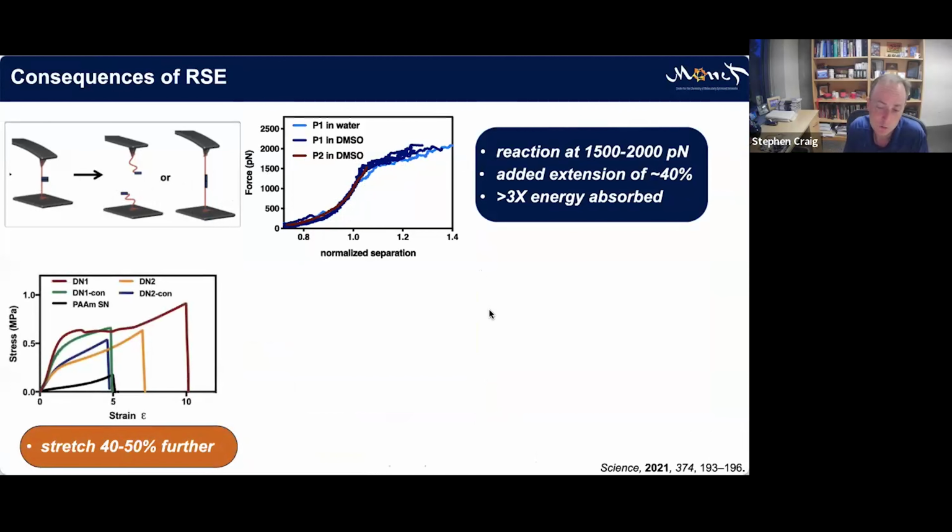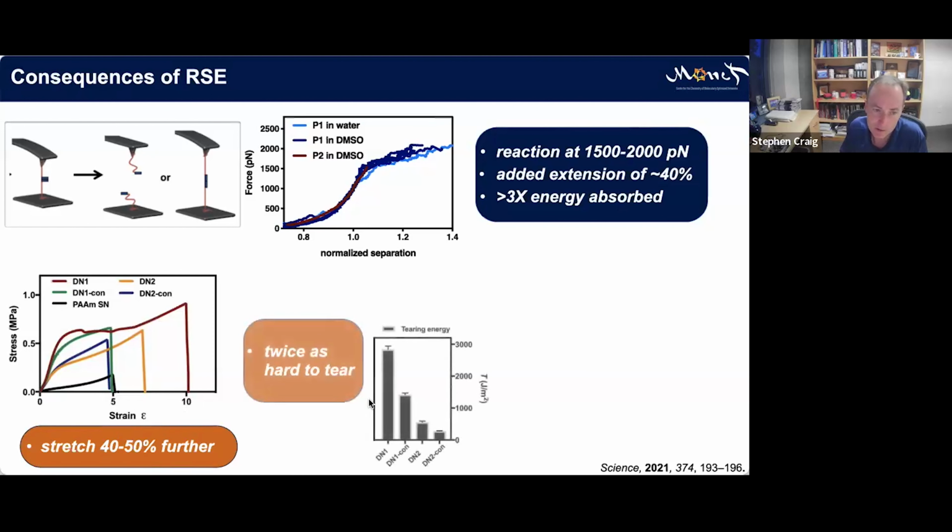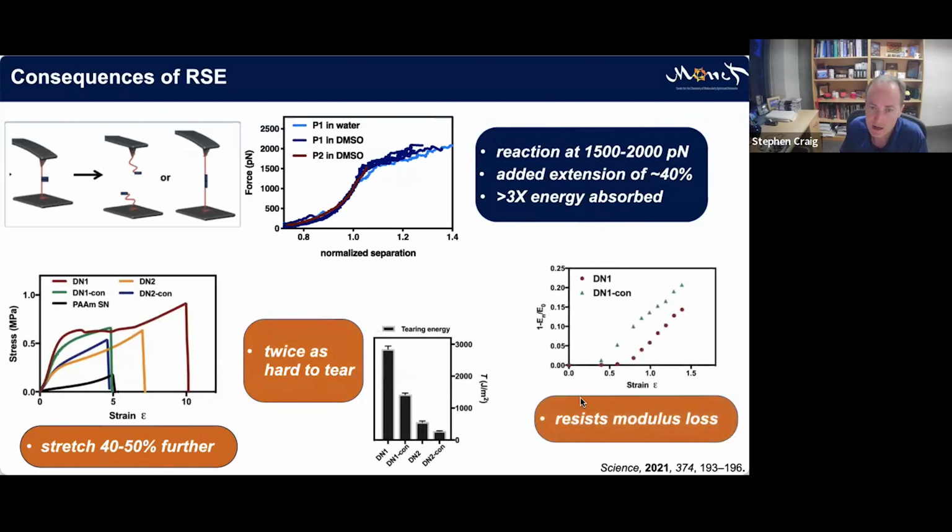And that leads to hydrogels. So we've got chains that can grow about 40% longer. We've got gels that can be stretched 40 to 50% further. The chains absorb 3 times as much energy. The gels are twice as hard to tear.